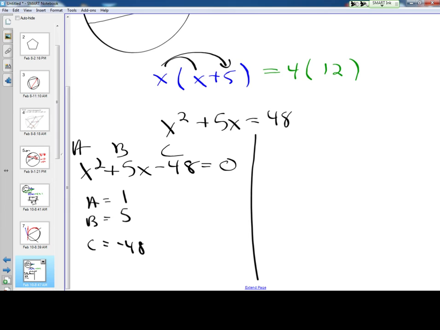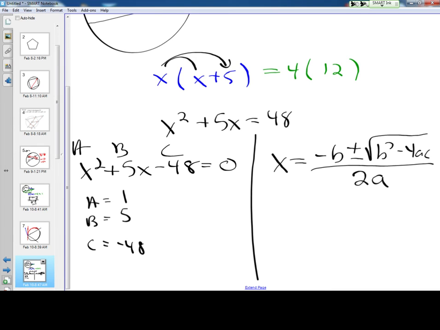All top kids, help me out here. X equals opposite b plus or minus square root b squared minus 4ac all over 2a. Good. I wish we had a song for that.